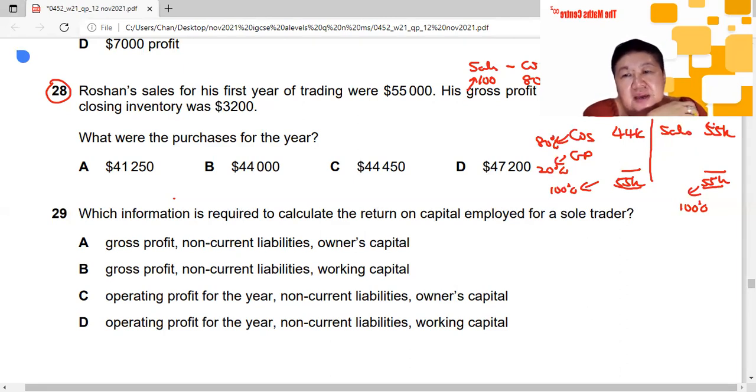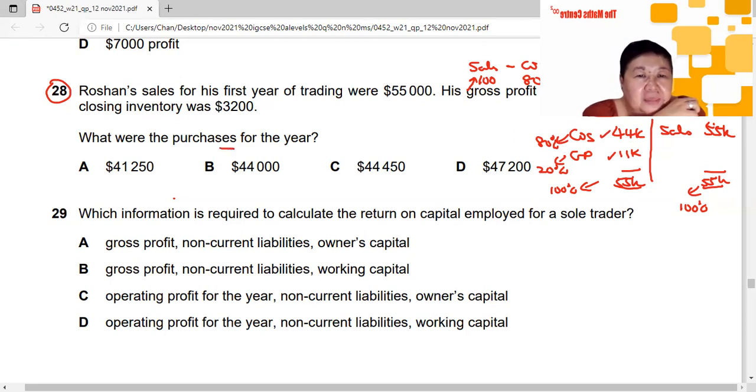The cost of sales being 80% takes up 44,000. Therefore, 11,000 is the gross profit. You can work the simple maths like this: 20% over 100% times 55,000 will give you 11,000. 80% over 100% times 55,000 will give you 44,000.